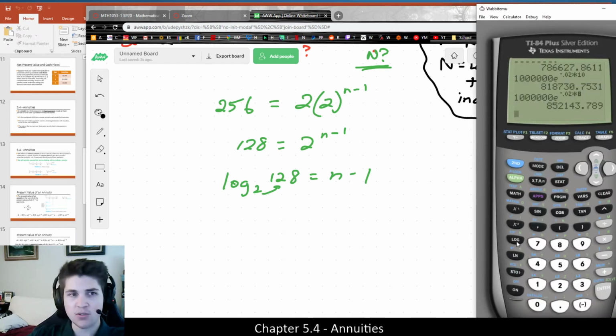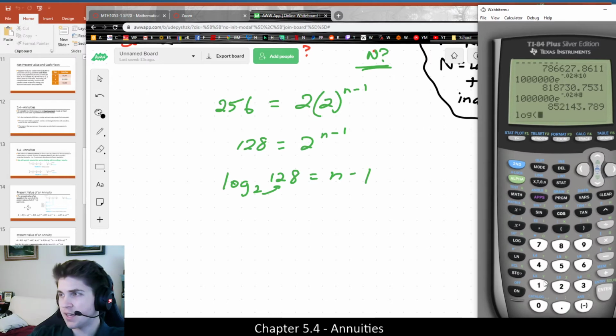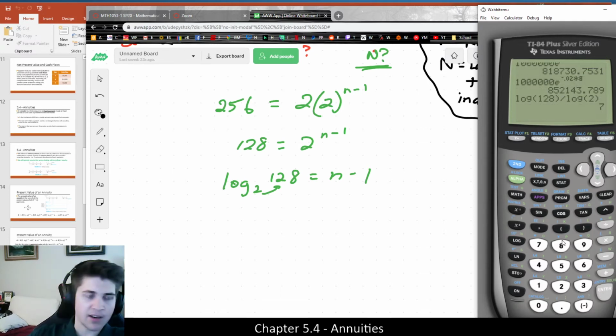But let's go ahead and use our change of base formula, log of 128 divided by log of 2. Oops, I definitely need to close my parentheses there. That will be very wrong. Okay, which is 7. My guess was correct. 7 is equal to n minus 1. And then I could add 1 to both sides, which would give me n is equal to 8.